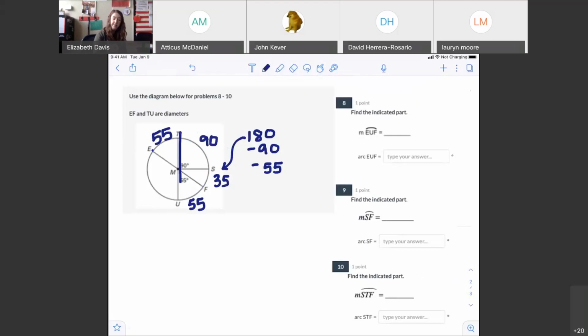TU is a diameter. So that means from T to U is 180. So to find EU, I'll take 180 minus 55. When I do that, I'll get 125.